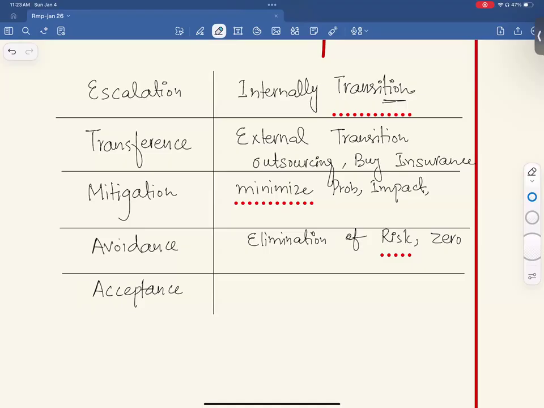One more example, if we have a risk of accident, so we should not drive, so we are avoiding, we are making probability zero. How? By not driving? Yeah, by staying at home. Staying at home means not doing that activity. Sir, it means not doing that activity or not doing that project.